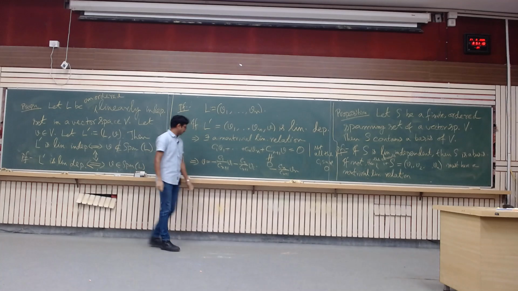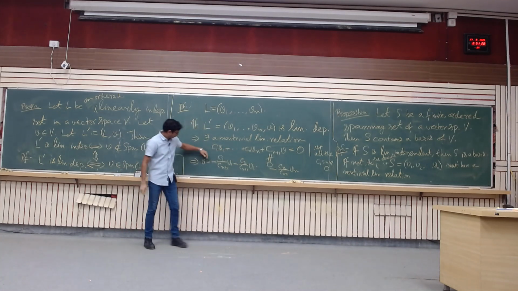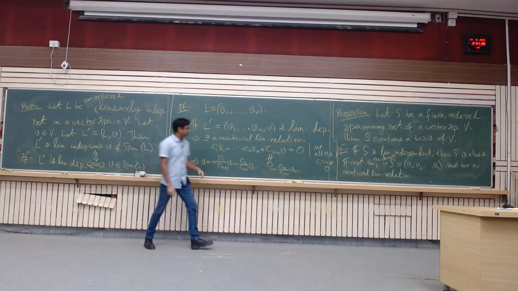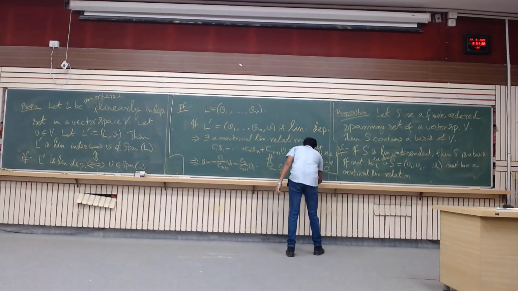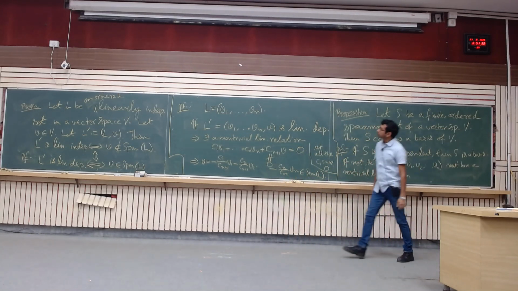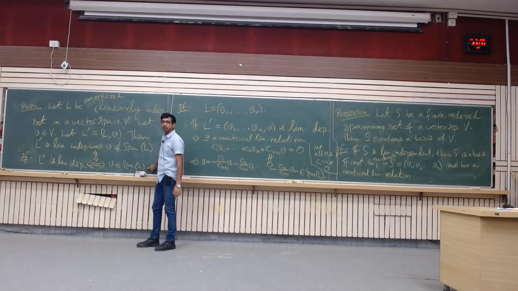Since c n plus 1 is not equal to 0, we can multiply with its inverse, and this belongs to the span of L. So we got that if L dash is linearly dependent, v is in the span of L.